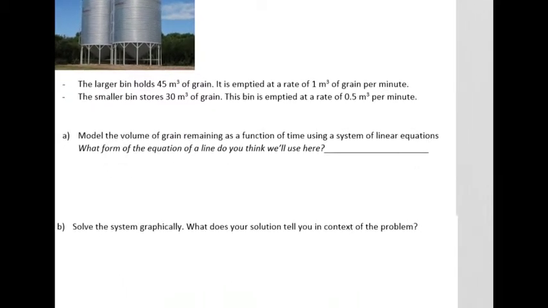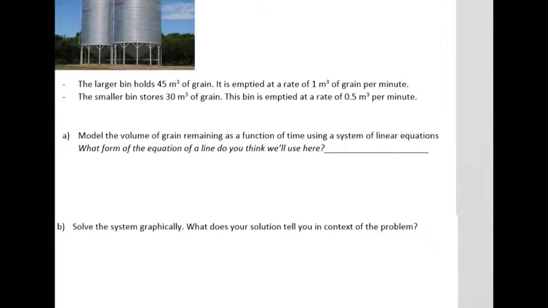All right. We're going to model the volume of grain remaining as a function of time using a system of linear equations. And just think again, what form of the equation of a line would you use to model this? Slope-intercept, general, or slope point? Slope-intercept, right? Why? What did I say last time?